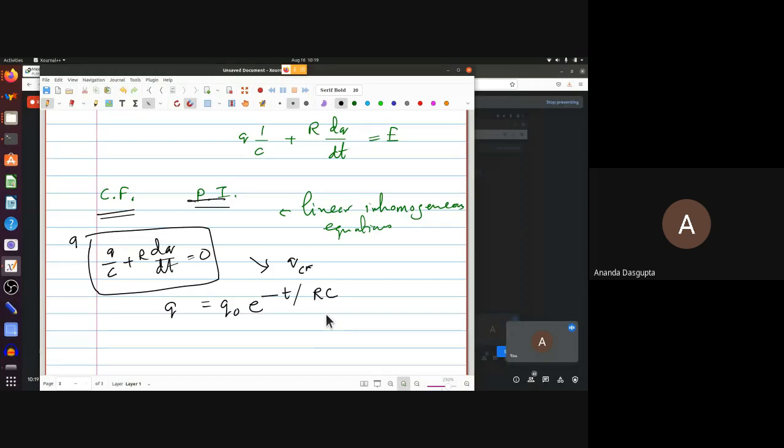Because look, a lot of effort has to be spent in studying transients. Transients are more difficult to study than the steady state behavior. So you might even say, why bother? If it's not going to be useful at all, then who cares? That depends on the kind of signal that we have.